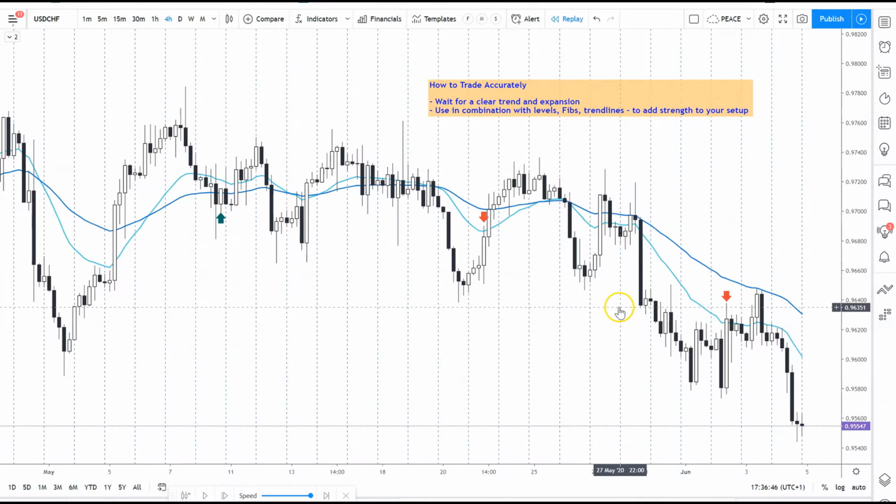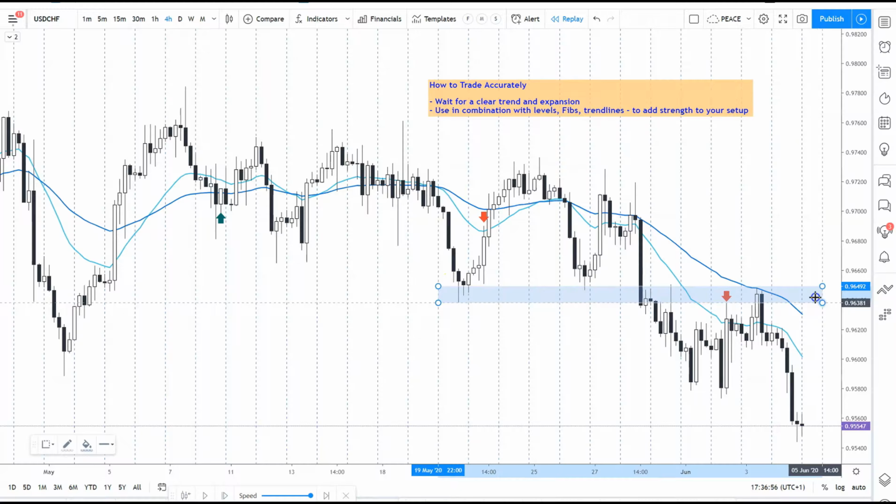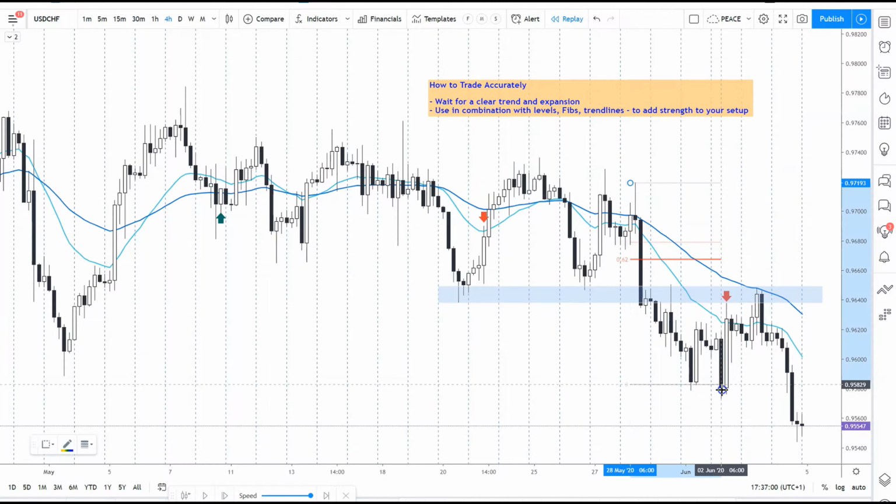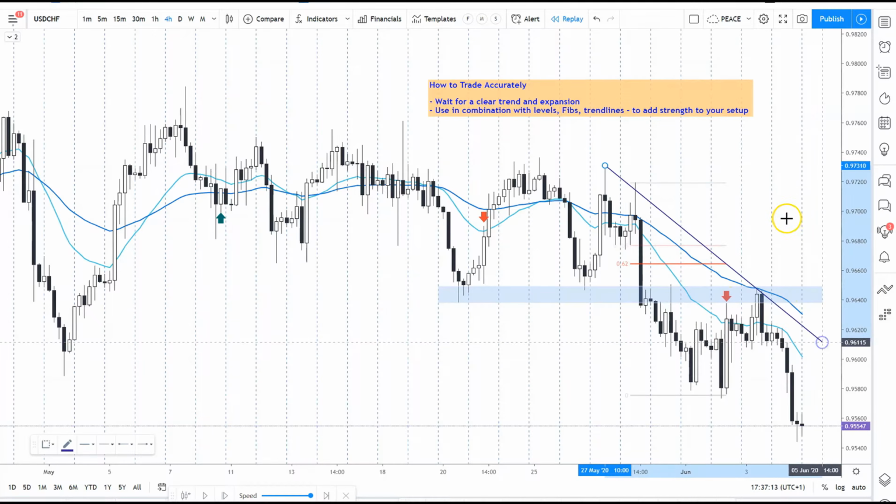So the correct, better way to use an EMA is to combine it with levels, fibs, trend lines. So in this case, we can see there is an obvious level here, and you may be drawing a Fibonacci level as a confirmation, and here you may have the 50% fib, and you may be drawing a trend line somewhere here.